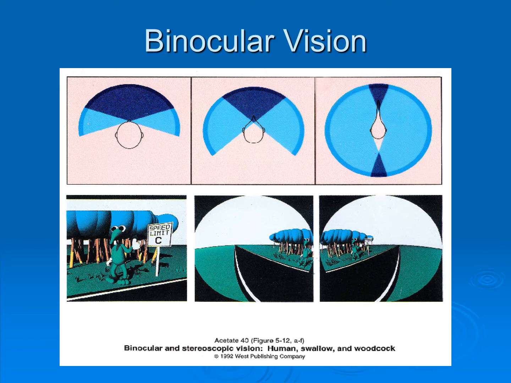And of course, they need more peripheral vision to bank and curve, so they sacrifice central vision for peripheral vision. And of course, the one on the far right is a woodcock, kind of like a killdeer that we have around here, that literally can see nearly 360 degrees. So they have an adaptation because they're ground-dwelling birds, so they need to be able to see a predator before it sees them.